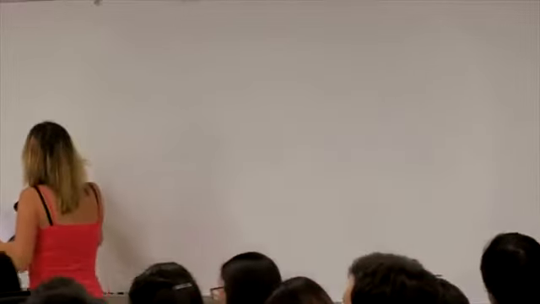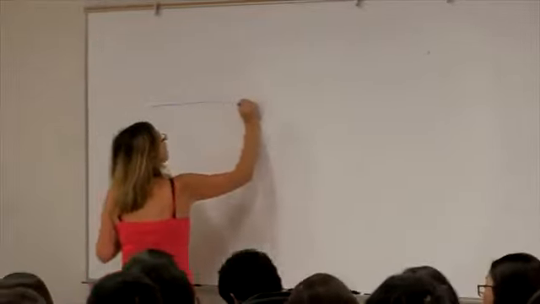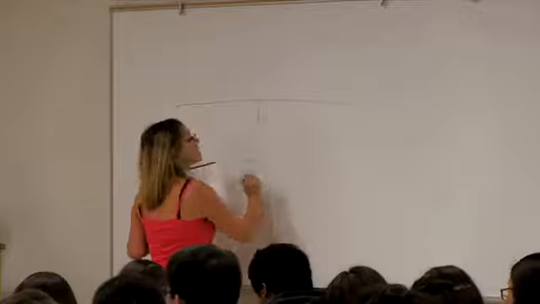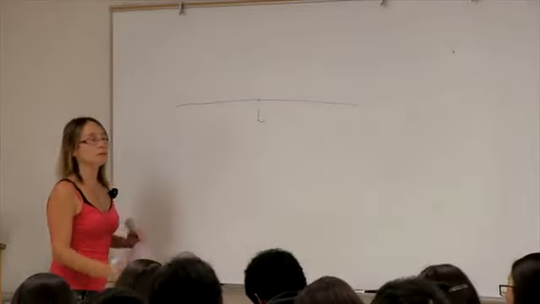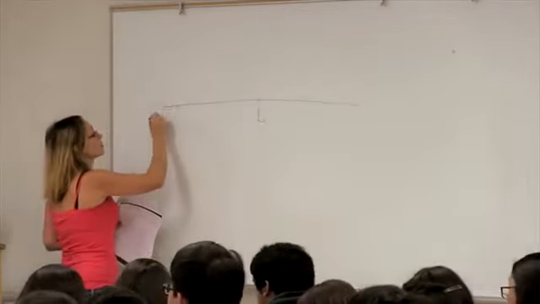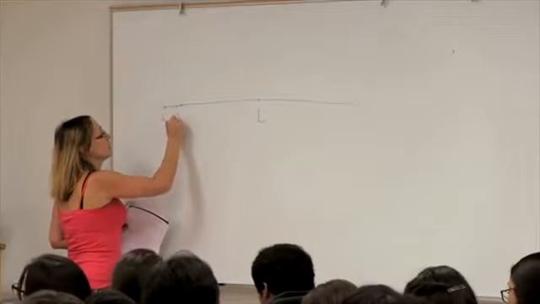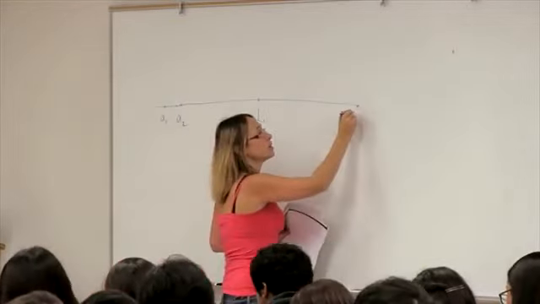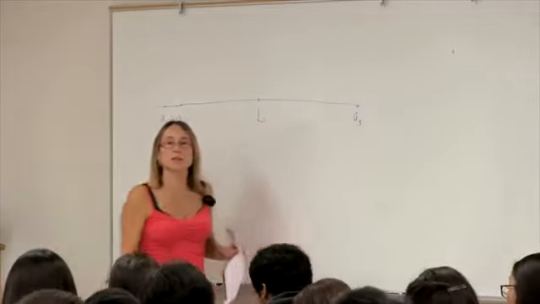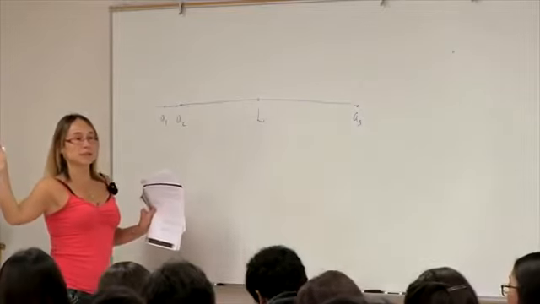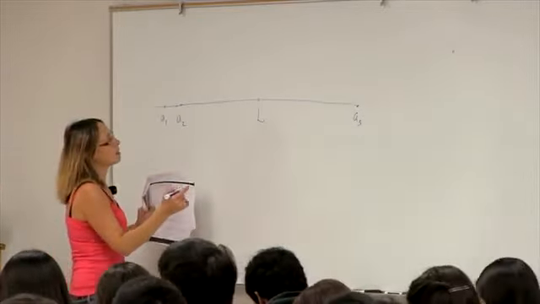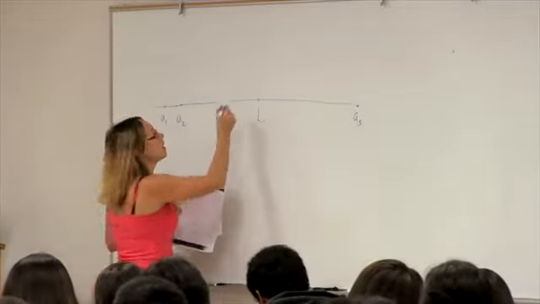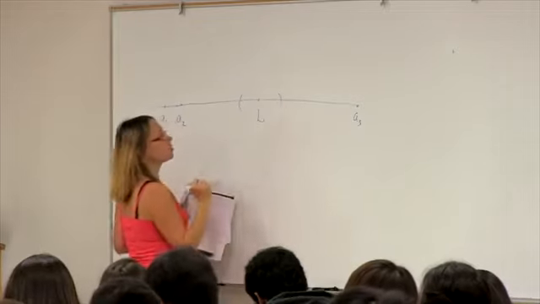So this epsilon works like a trap. Let's suppose that this is L, and my sequence starts somewhere far away. So a_1, a_2, and then I go a_3. Could be anywhere. But let's suppose that I know that it has a limit. It means that for arbitrary epsilon, I can put a bracket like this.